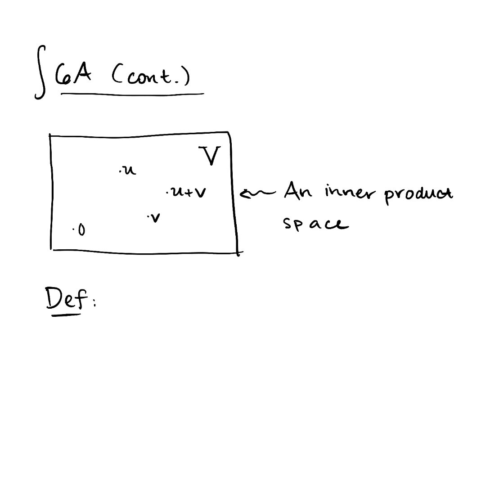Definition: the norm. So that's the word we're defining, the norm of little v belonging to big V is the symbol for it. It looks like the symbol for magnitude for a vector, like from calc class.